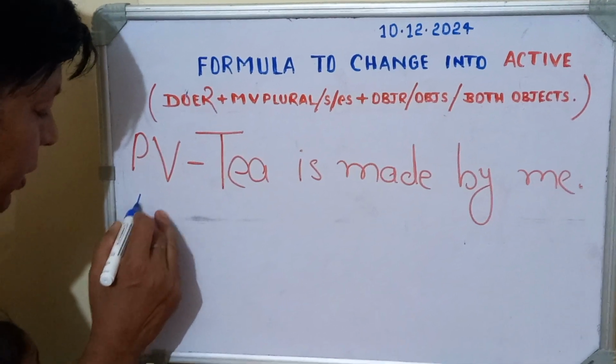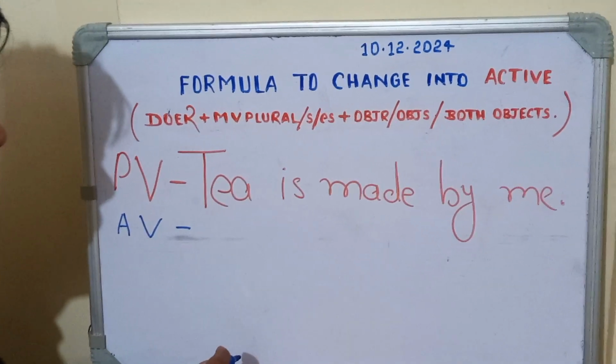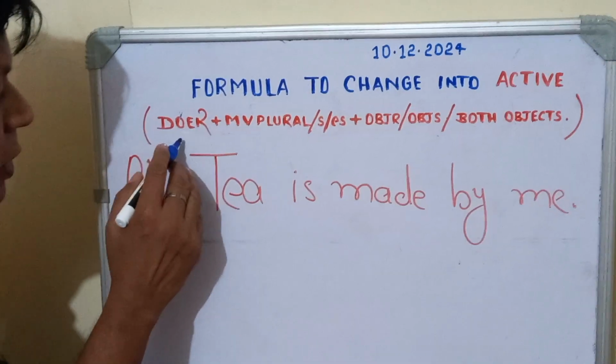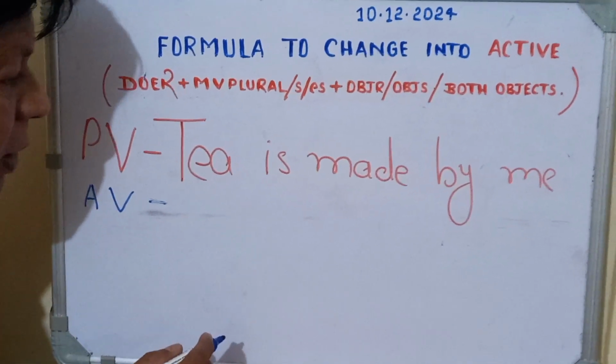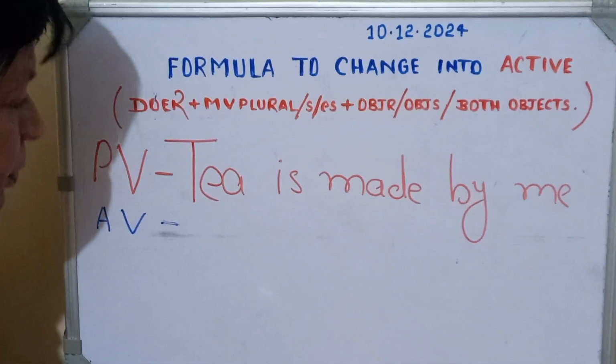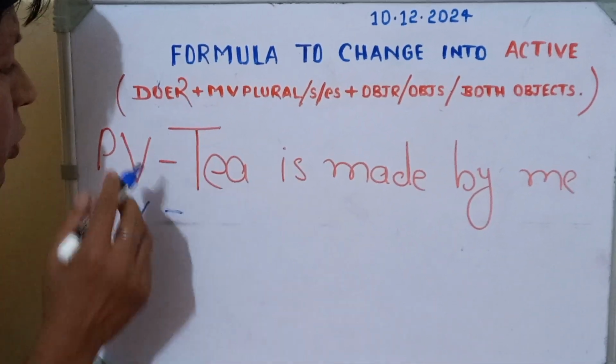So first we write down here active voice, and according to the formula, at first we use doer.